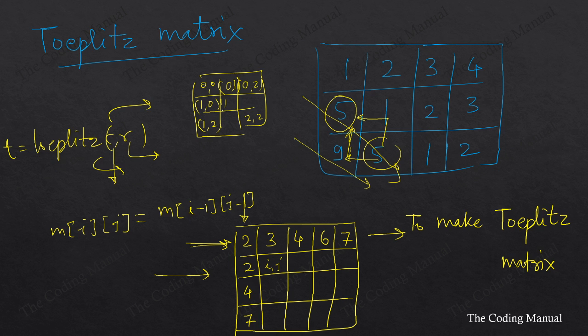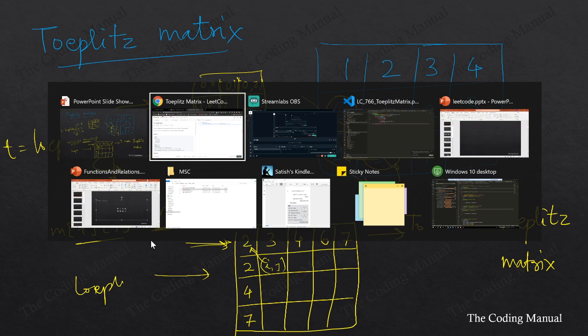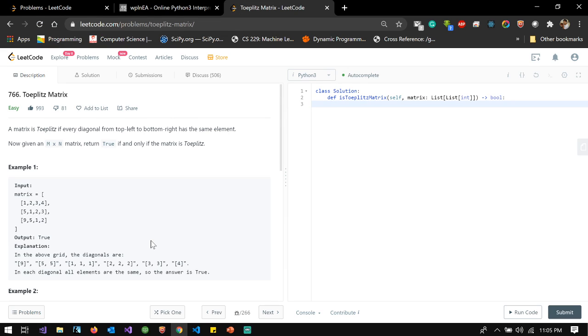Okay, so to populate this one we have to check its diagonal element. For each element we'll check its diagonal element, and if they are not the same, we can say that it's not a Toeplitz matrix. Okay, so let's see in the code how we will do that.